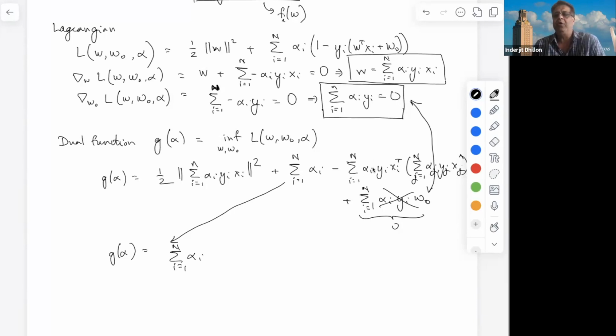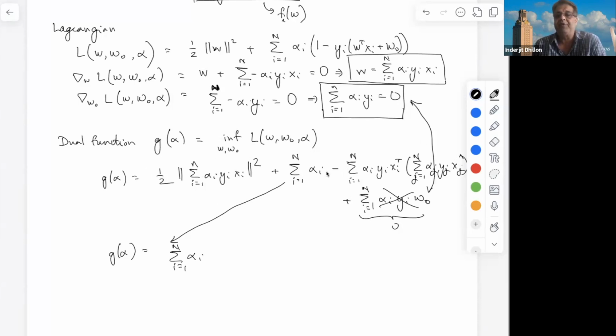So basically I have all the possible pairs, alpha I, alpha J, yi, yj, xi transpose xj. And if you expand this out, that's exactly what you would get. But they don't exactly cancel because there's a half over here and 1 over here.